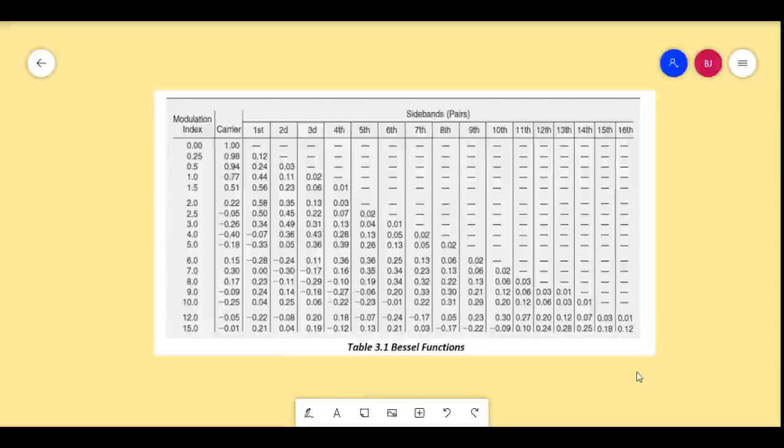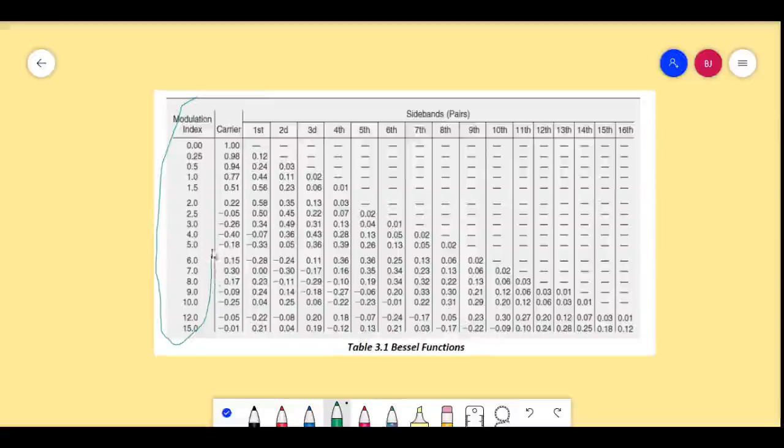In order to determine and draw the frequency domain of our FM and PM signals, we would be needing a special table called a Bessel function table, which lists our modulation indexes here on the left side, and gives the corresponding height or amplitude of the carrier together with the number and amplitude of the sideband pairs.